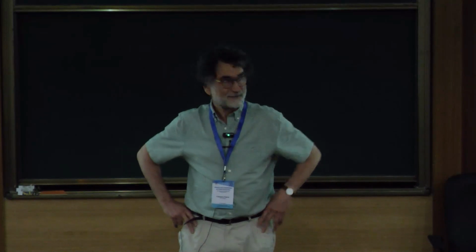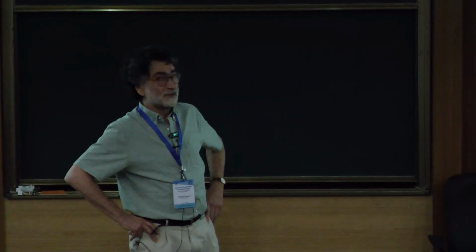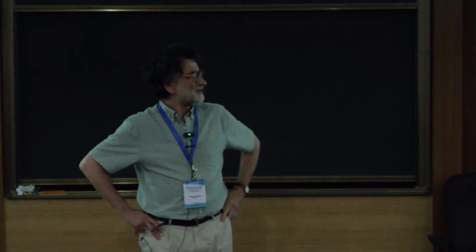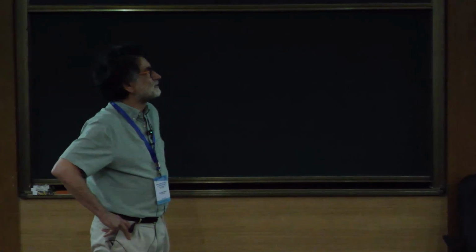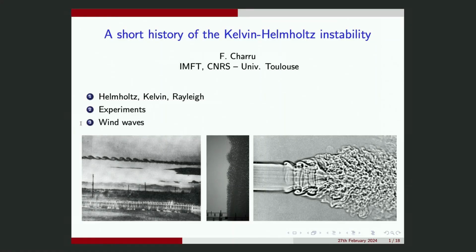I will talk about a historical point, which is the history of the Kelvin-Helmholtz instability, perhaps the most famous instability in fluid mechanics, apart from the Tollmien-Schlichting instability, which drives the transition to turbulence.